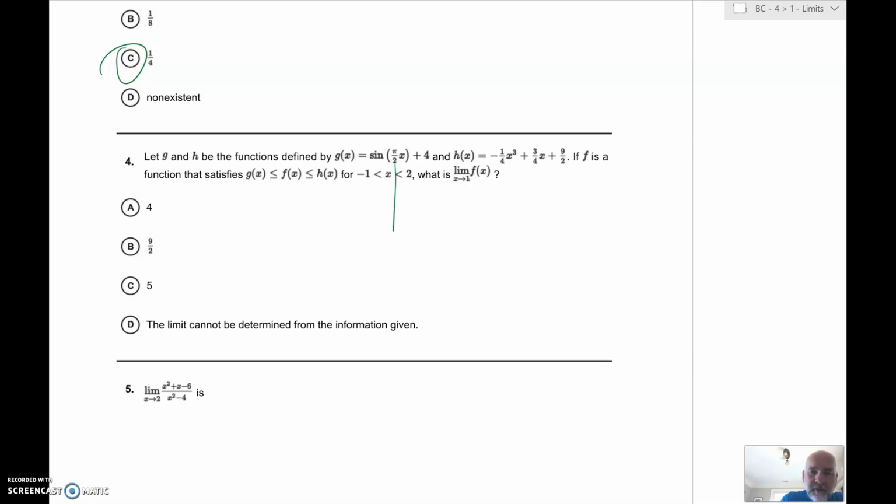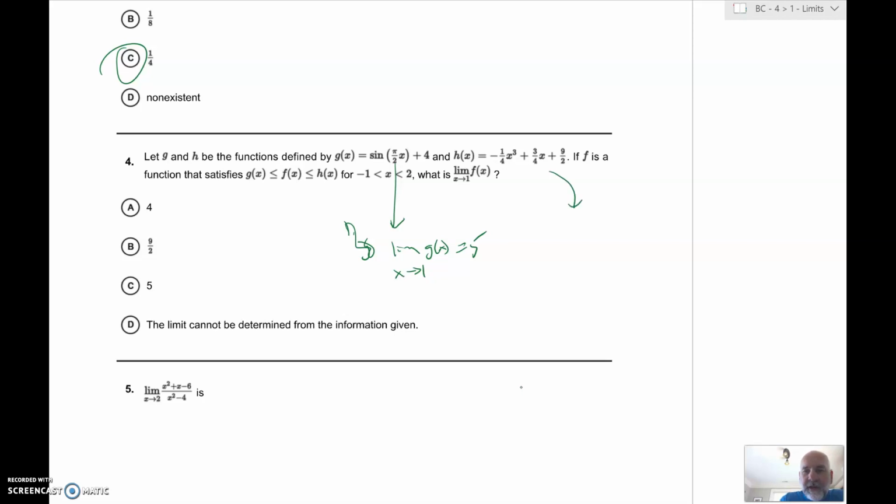As x approaches 1, I can just plug in for g. The limit of g of x as x approaches 1, I can put in the 1 there, and so that's sine of pi over 2, which is 1, plus 4, which is 5.